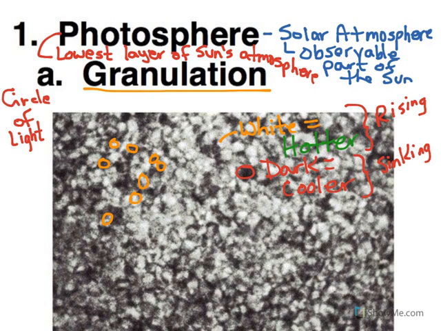So we are seeing basically the boiling of the Sun's surface. And so you're seeing material rise and sink in the same kind of motion that you see in boiling water.